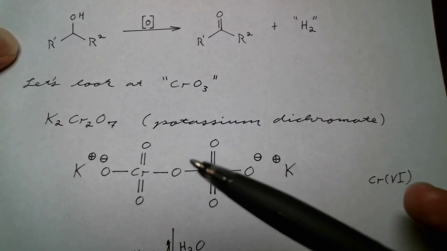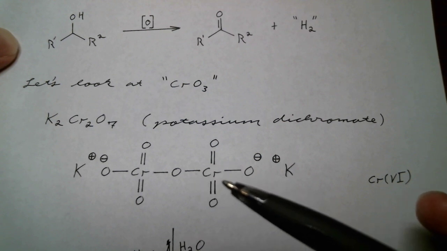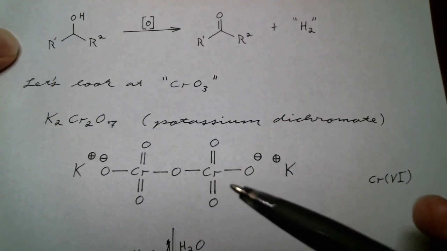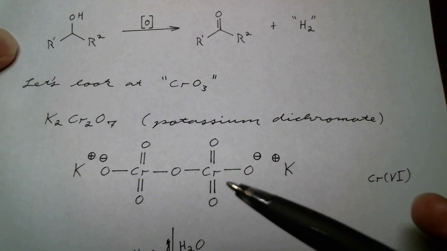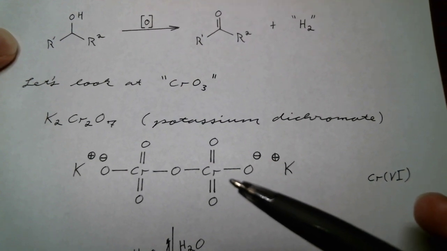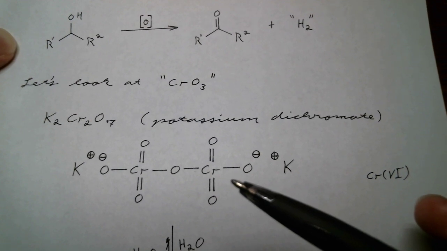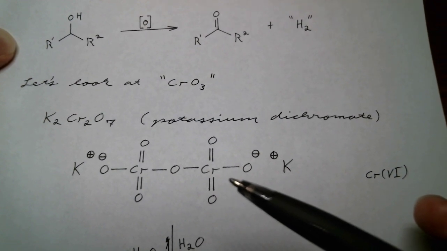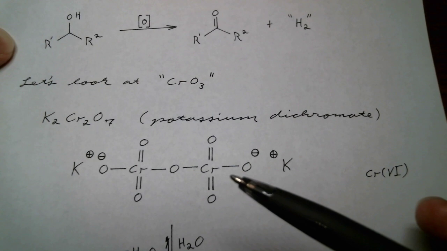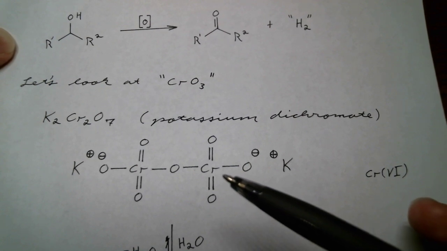Each chromium has a total of how many bonds to oxygen? Well, if we counted them up, we would count 6 bonds. This is okay for a transition metal. Transition metals sometimes shuttle between 16 and 18 electrons. It's an 18 electron rule because we have 5 d orbitals, each of which can accommodate 2 electrons.